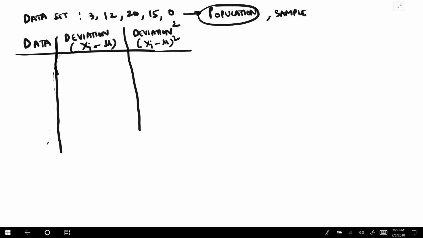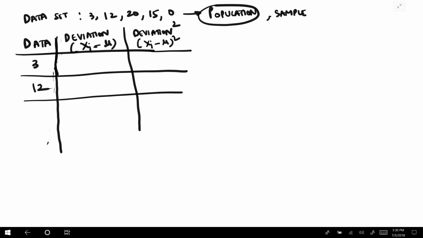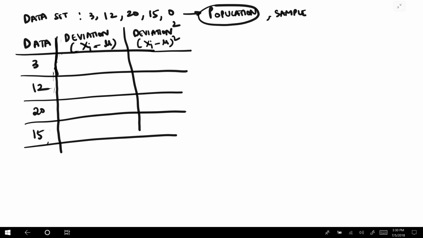So our data points are 3, 12, 20, 15, 0.